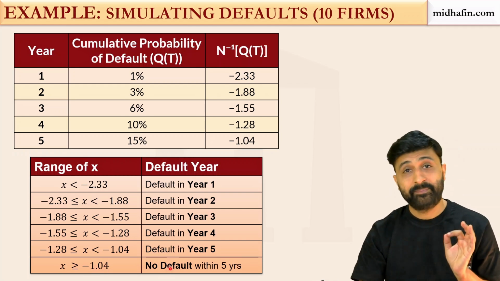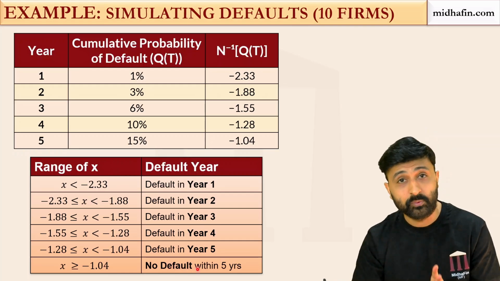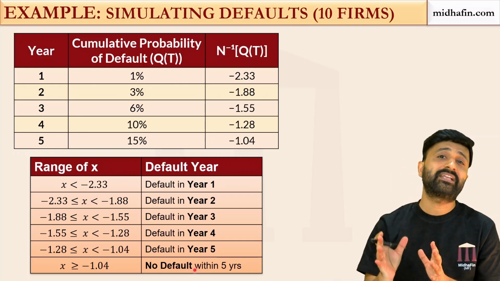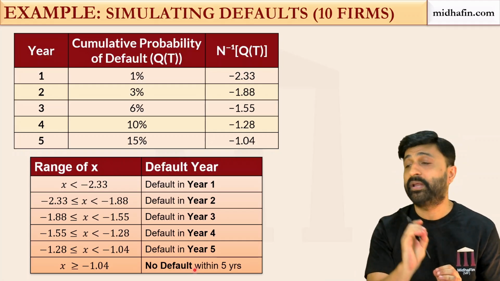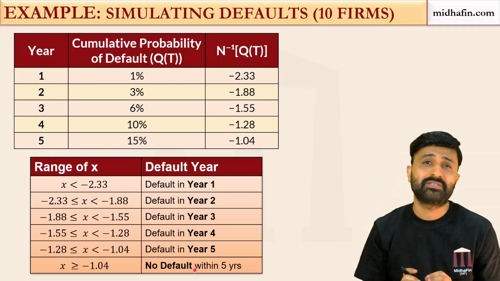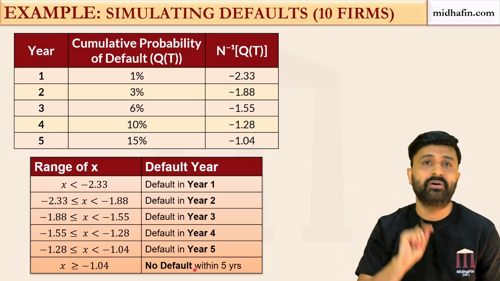It means that there is no default within this 5-year window. So each simulated x maps neatly into one of these intervals. That's how the Gaussian copula converts random normal draws into default timing outcomes for every single firm.